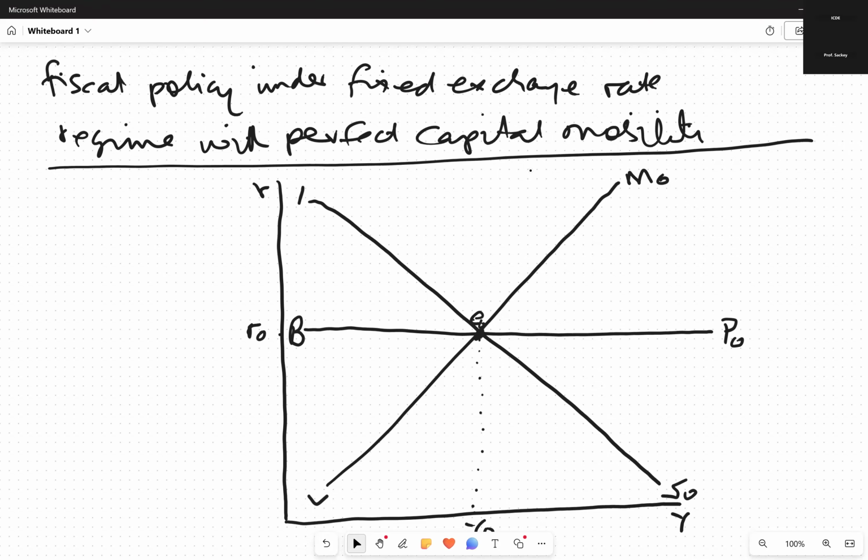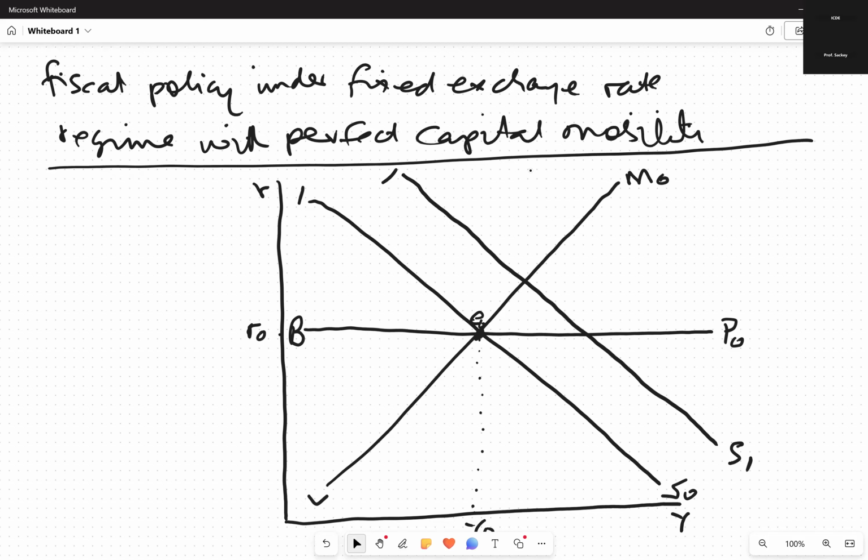So government decides to embark on rigorous fiscal policy, and it shifts the IS curve from IS0 to say IS1. Call this IS1.